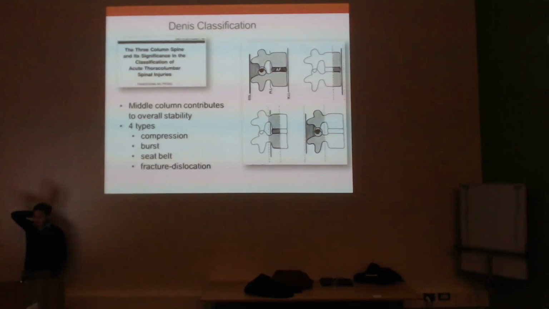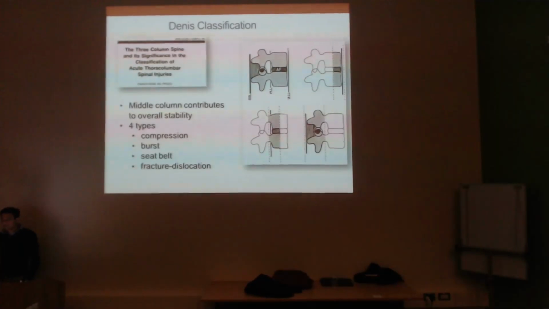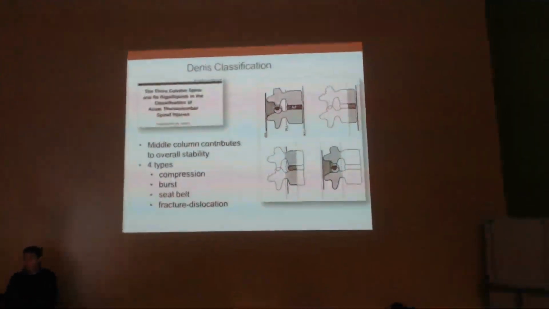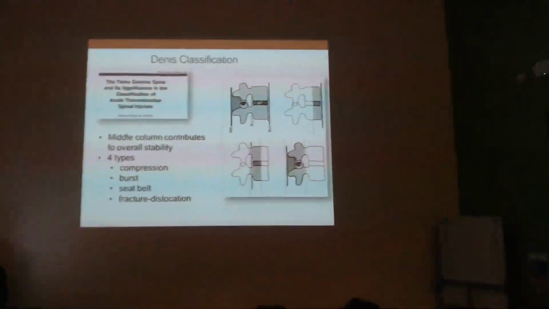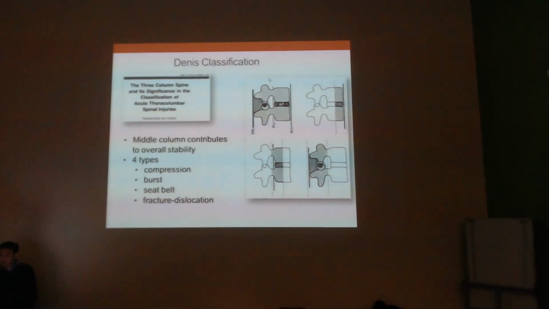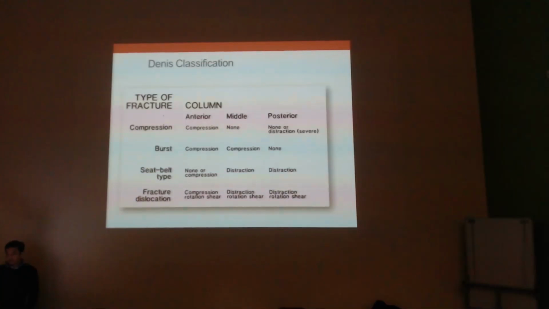This is the sort of thing that you learn as an SHO, and there's 3 columns, and the posterior column is in line with the PLL. There's 4 types of fractures. There's compression fractures, burst fractures, there's a seatbelt fracture, and fracture dislocation. Then you can see it here. These are the different types of fractures that you see with the Denis classification.